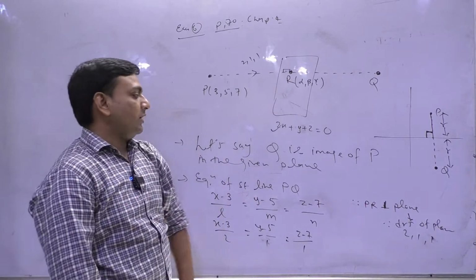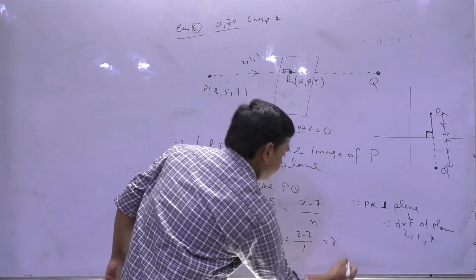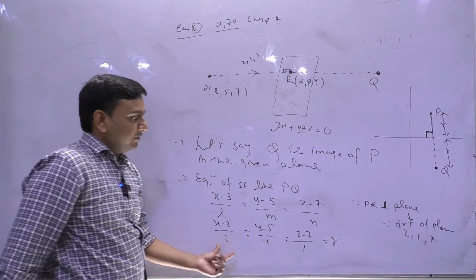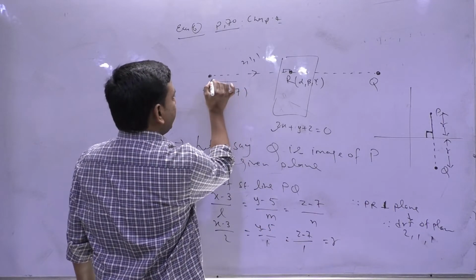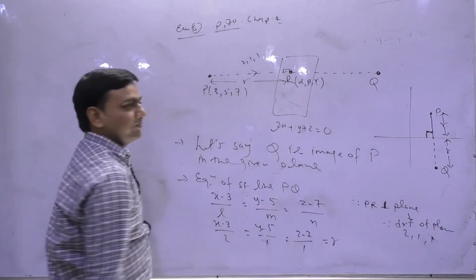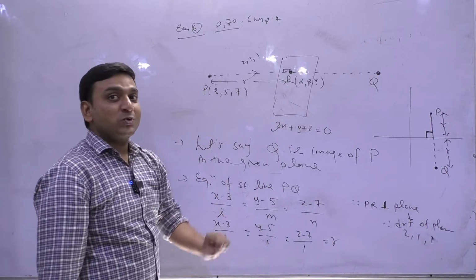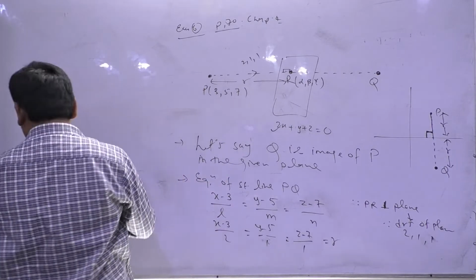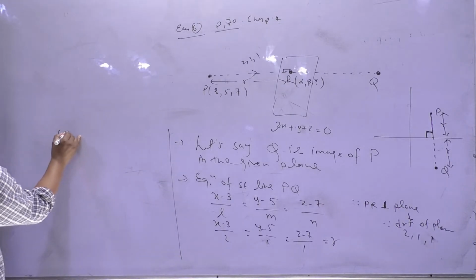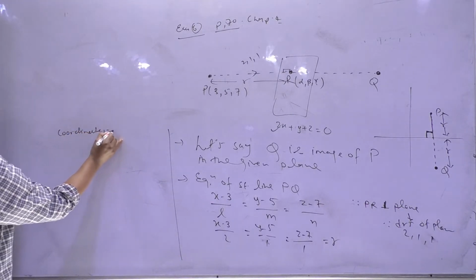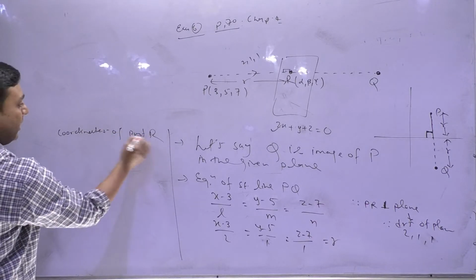Now I want, let's say this whole thing equals R. अब मान लो this distance is r. I want the coordinates of the point R, बच्चे.